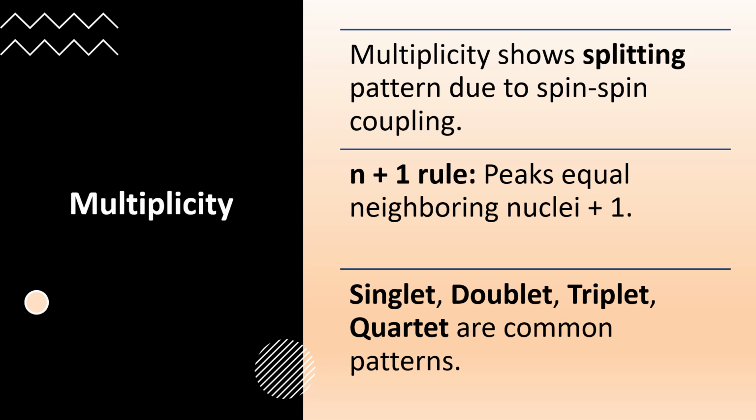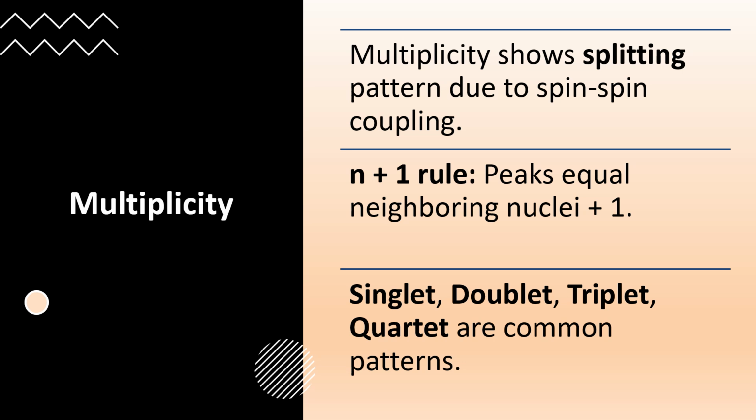Multiplicity, or signal splitting, in NMR spectroscopy occurs due to spin-spin coupling between neighboring nuclei. This interaction causes the signal of a particular nucleus to split into multiple peaks, providing insight into the number of adjacent, non-equivalent nuclei. The pattern of splitting reveals the number of interacting neighbors.